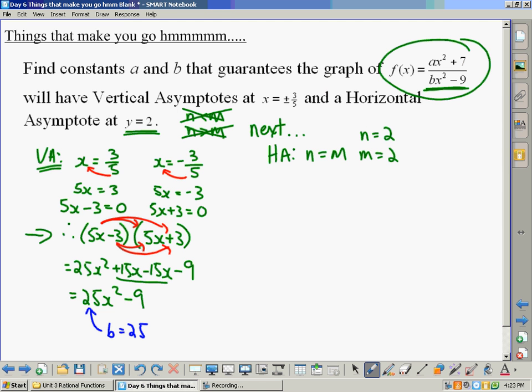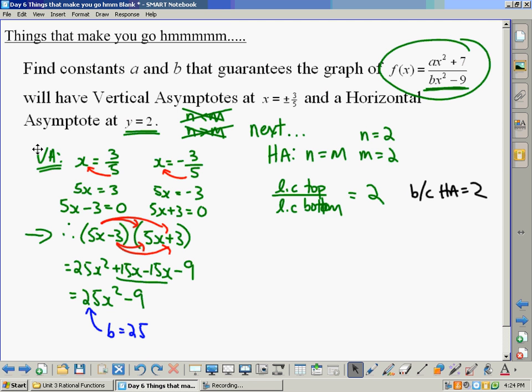Since they're equal, I'm going to look at the leading coefficients: the leading coefficient of the top over the leading coefficient of the bottom. That's how I would figure it out. And I know the answer has to be 2 because the horizontal asymptote is at 2.